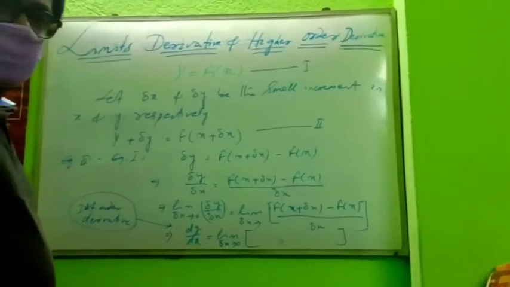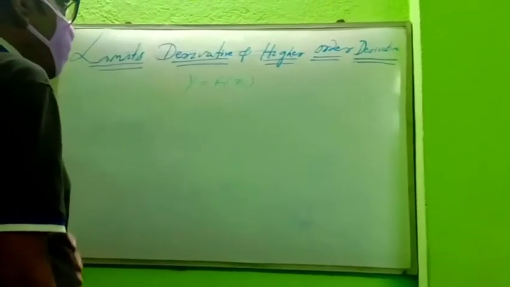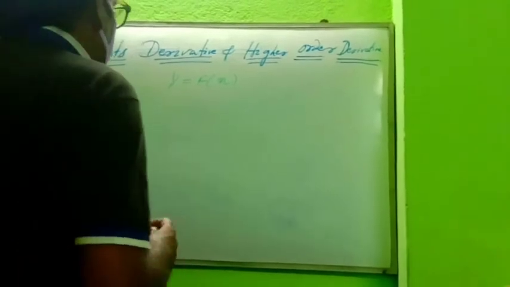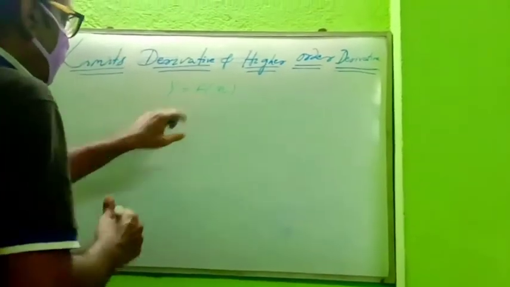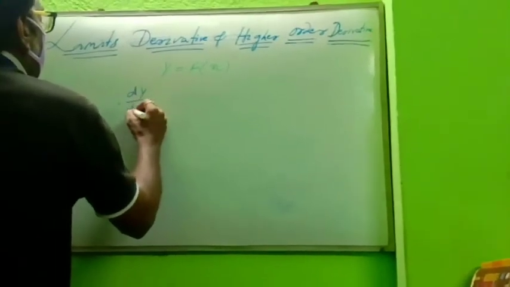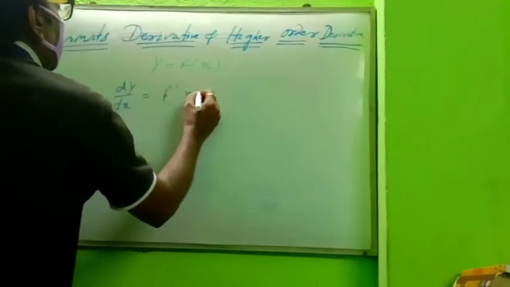Let us go next. Y is equal to f of x. Therefore, dy by dx is f dash x.